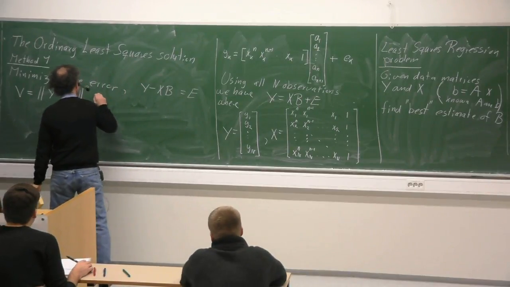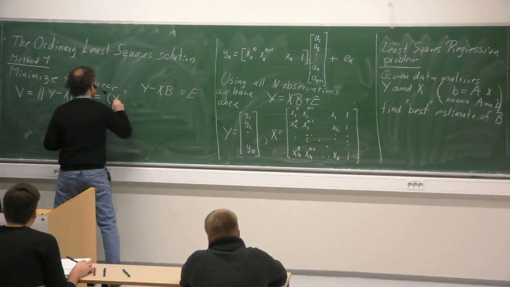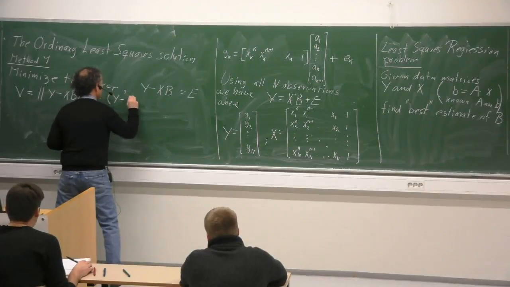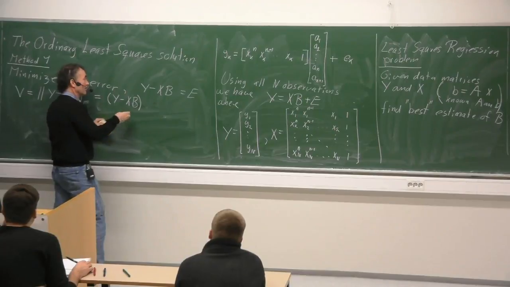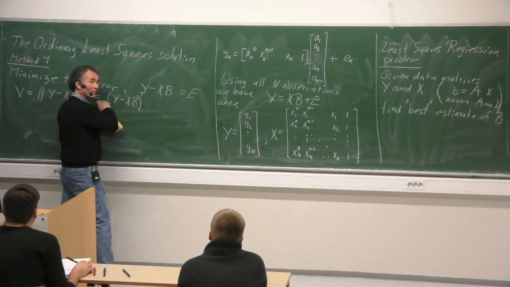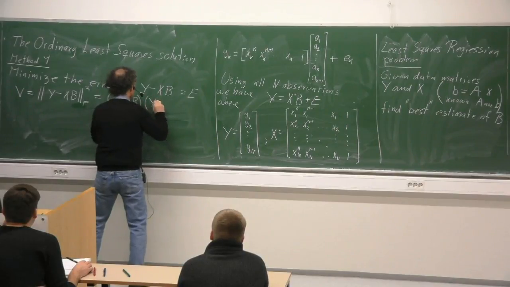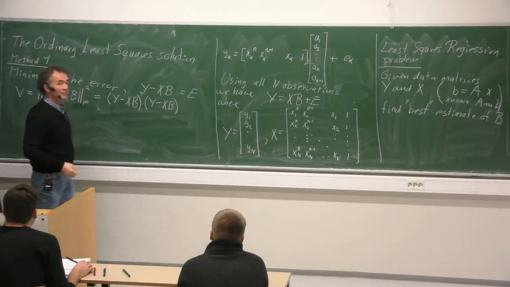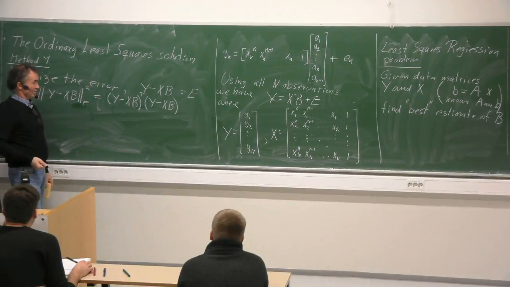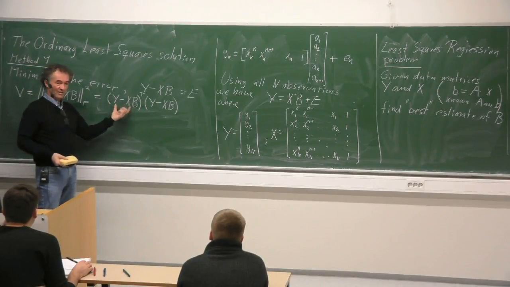But simply this one may be written as y minus Xb, a vector. If I transpose this vector, then I have a row vector and multiply with y minus Xb. Then I have a scalar valued measure of this vector.